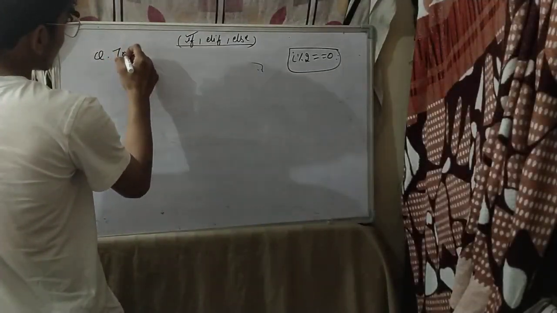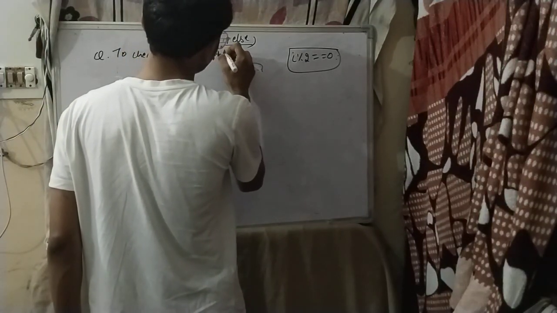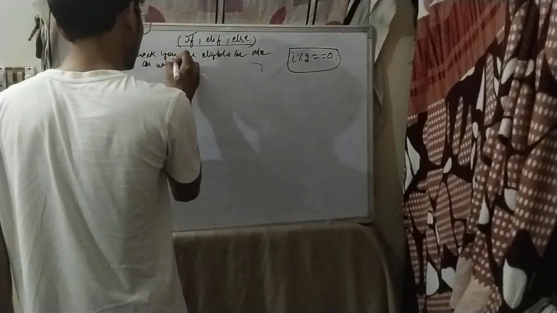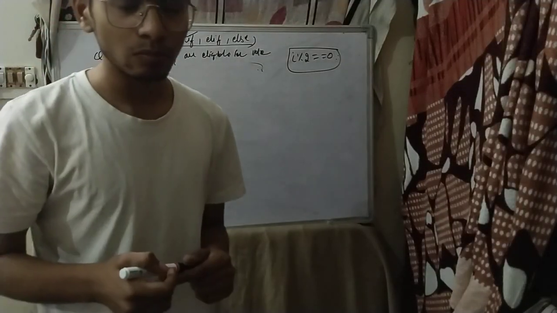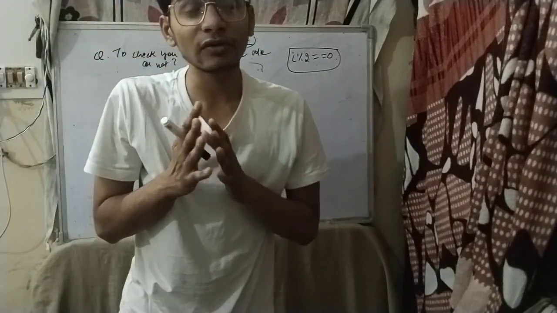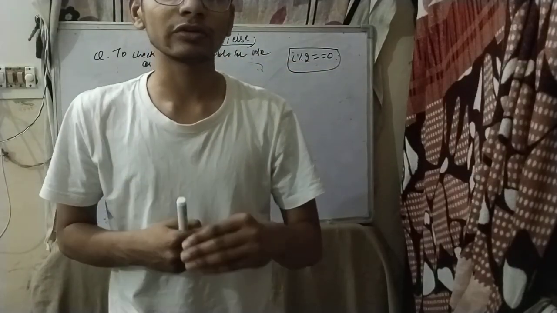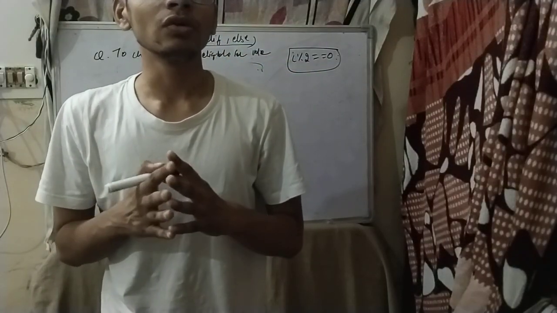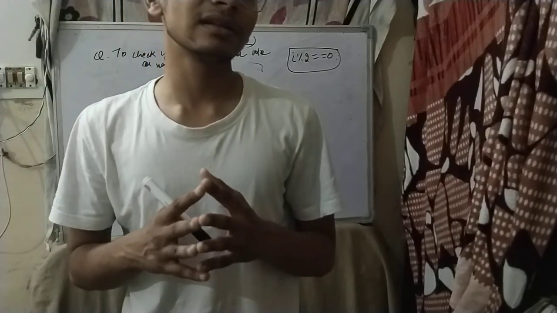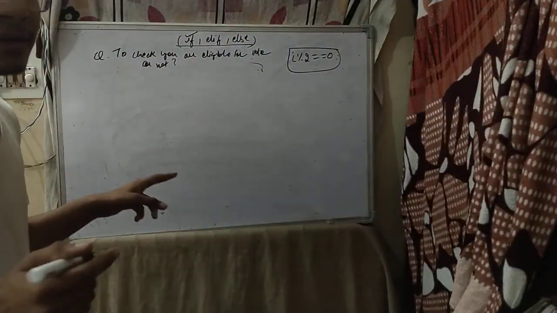Now we are going to check if you are eligible to vote or not. The minimum age is 18, more than 18, then you are eligible to give a vote. Okay, so we are going to write here.